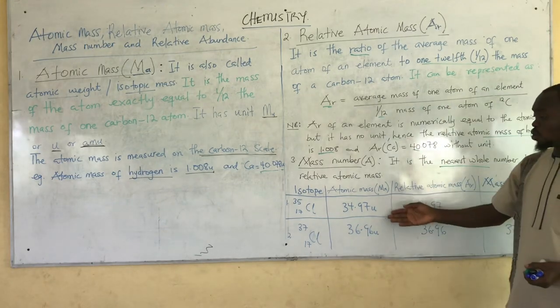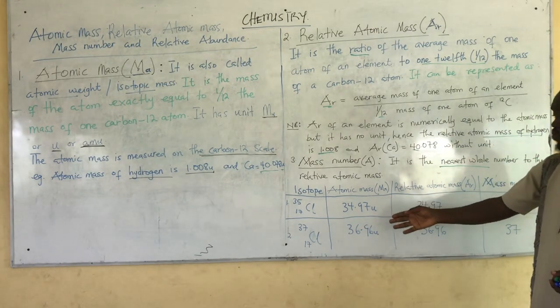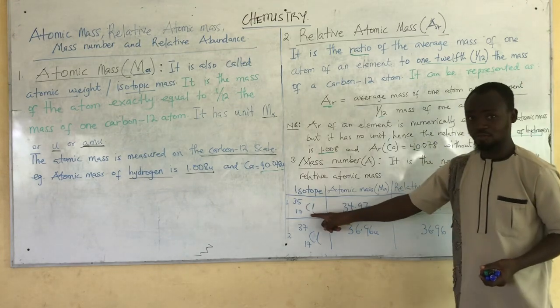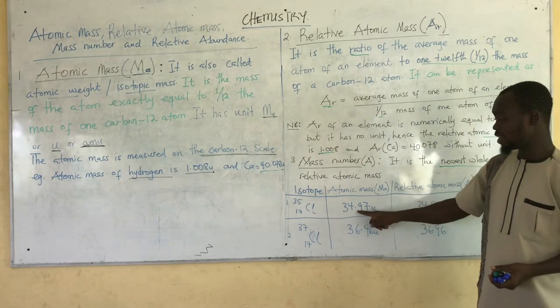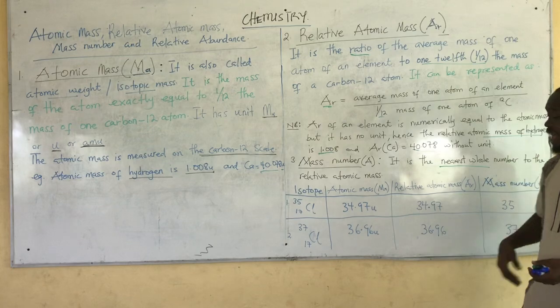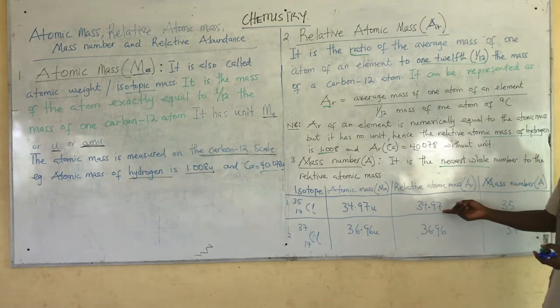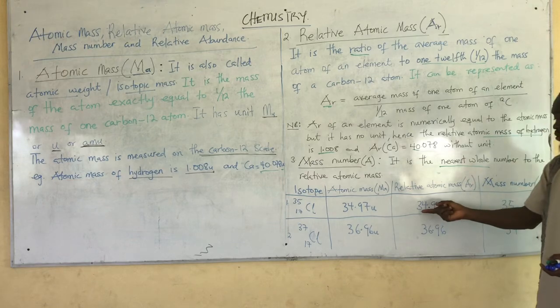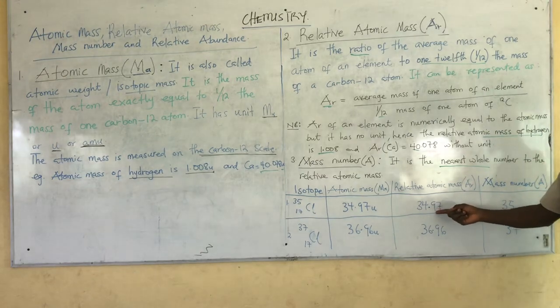The atomic mass for chlorine-35 is 34.97 u. It has the same value for its relative atomic mass, 34.97 without any unit. Is that okay?